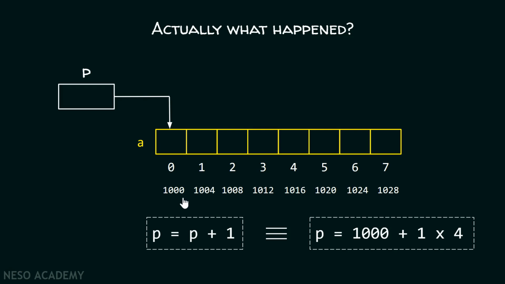Each integer takes 4 bytes of memory. Therefore, 4 needs to be multiplied by 1. It is important for us to understand how many bytes an integer will take, and we should multiply those many bytes with the integer. If we know that an integer takes 4 bytes of memory, then we should multiply 1 by 4 and add it to the address. It gives us 1004, which is the base address of the second element of the array.